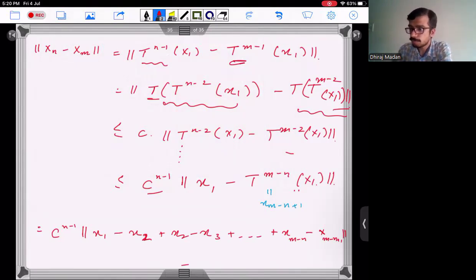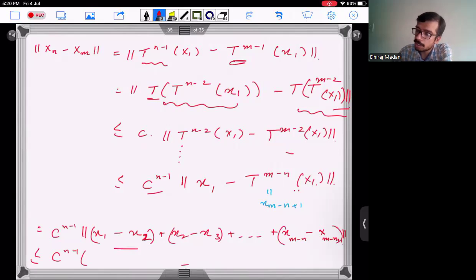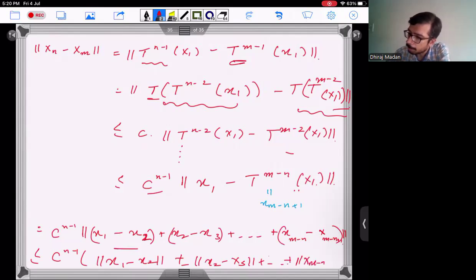Okay. Now I apply the triangle inequality on these pairs of differences. So this is less than or equal to c to the power n minus 1 multiplied by the norm of x1 minus x2 plus the norm of x2 minus x3 plus dot dot dot plus the norm of x m minus n minus x m minus n plus 1.